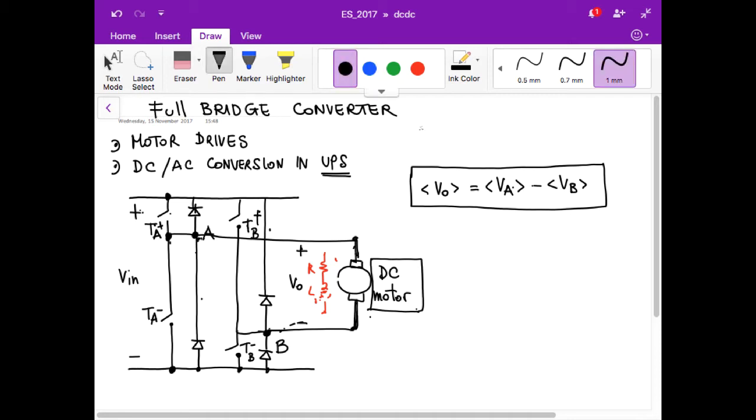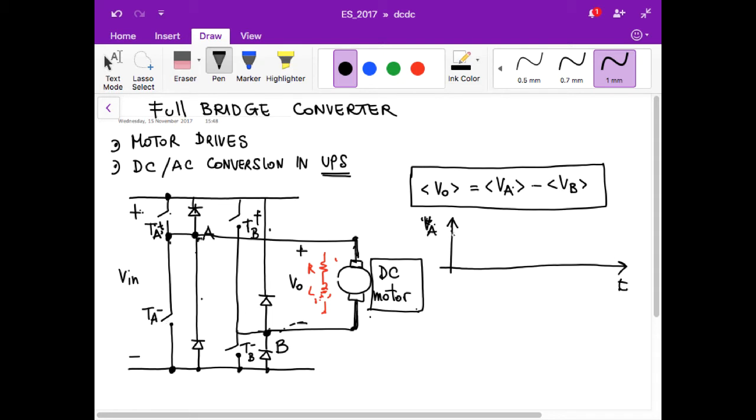So, let's consider VA as a function of time. When TA plus is on, VA is equal to V in. When TA minus is on, VA is equal to 0.